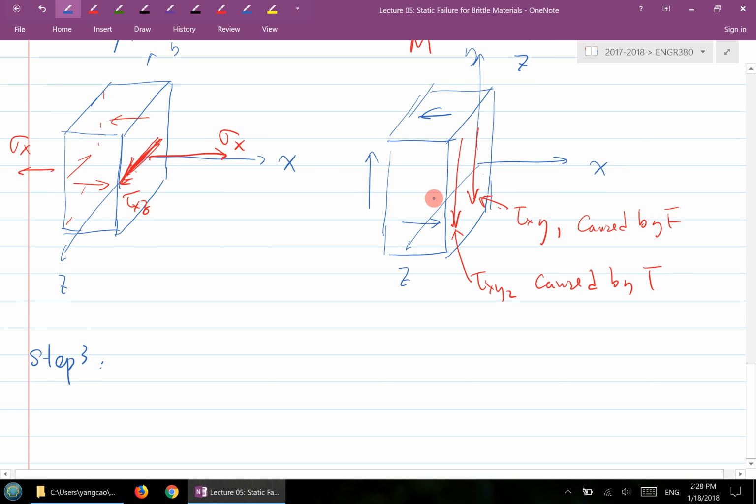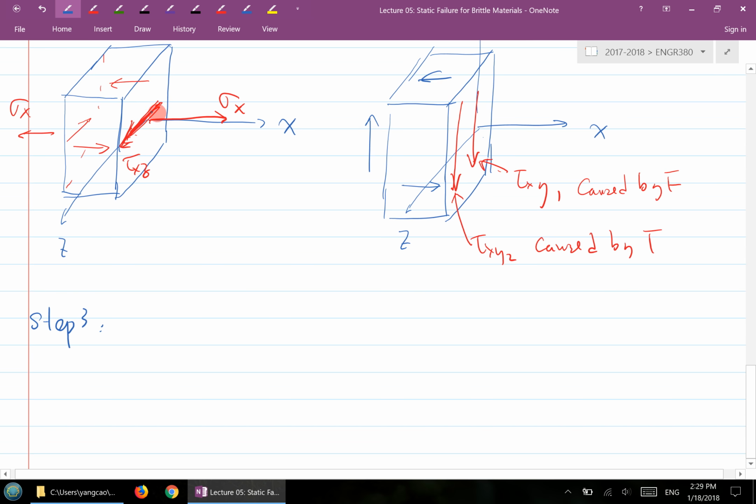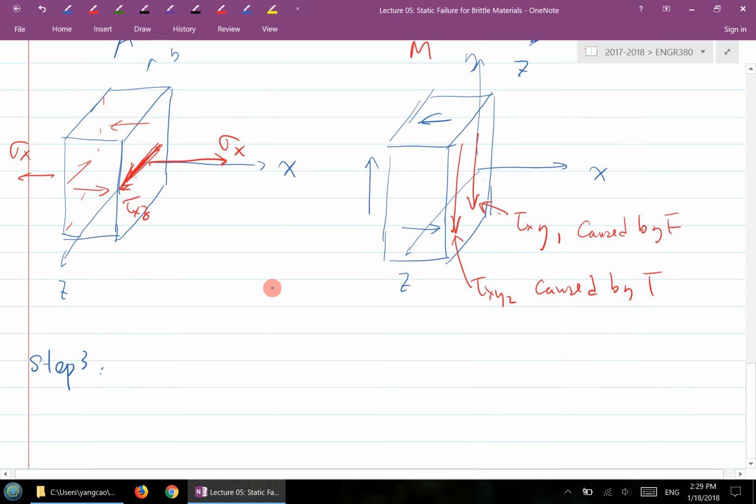But your observation is all right, because if I look from the top, this is a planar state of stress. If I look at it from the front, this is a planar state of stress, basically, because there's no stress on this side, only from one perspective.